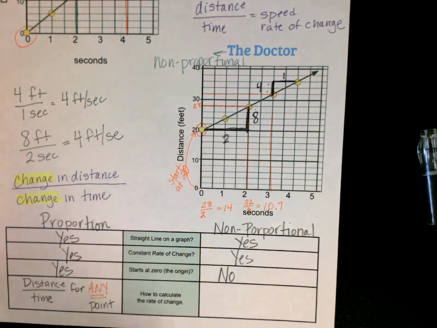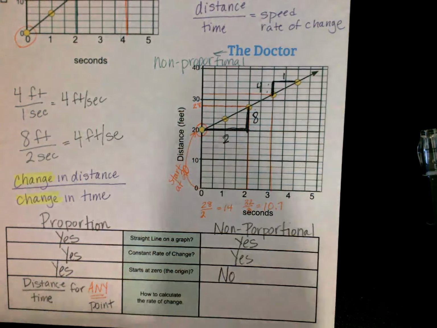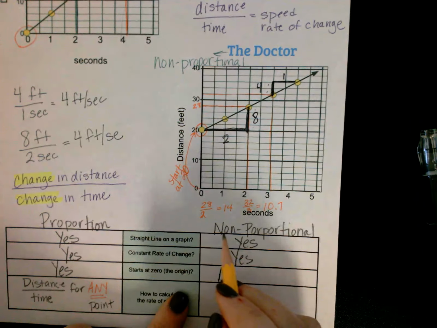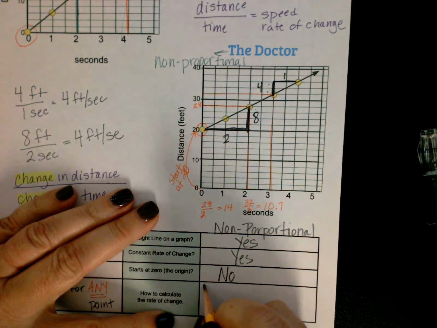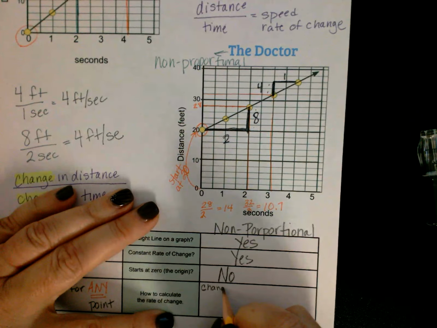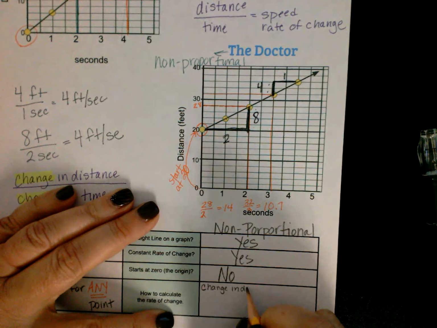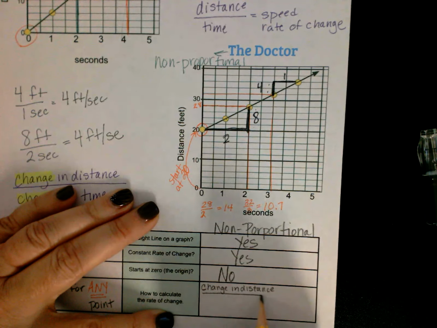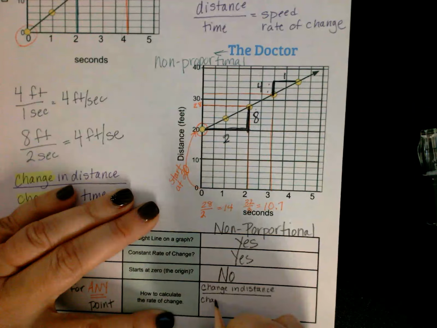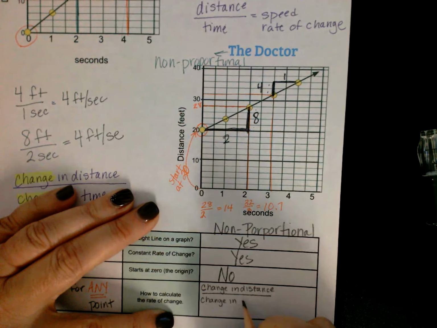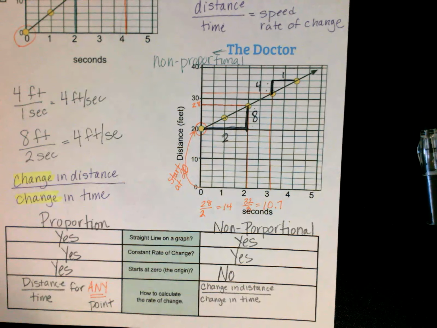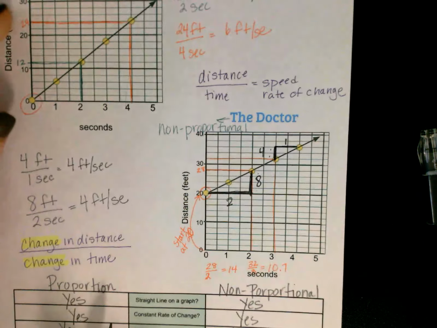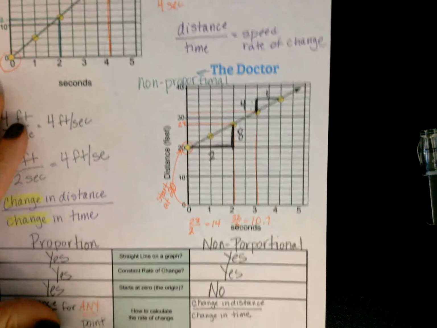For the next box, I have a little bit more to write, so I'm not going to write as big. How do I calculate the rate of change in a non-proportional situation? It is the change in distance over the change in time. It isn't just looking at the x and the y here and picking the numbers and dividing.